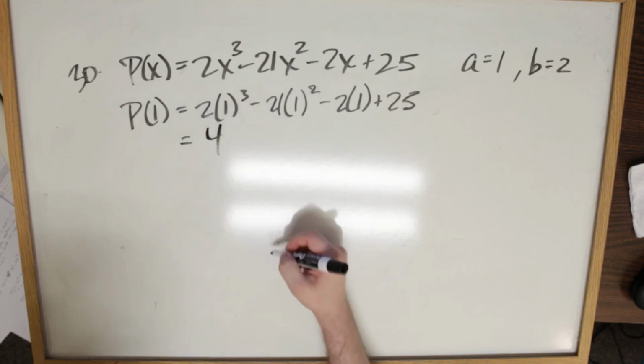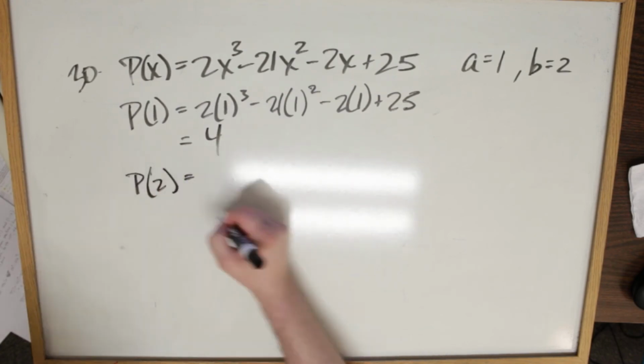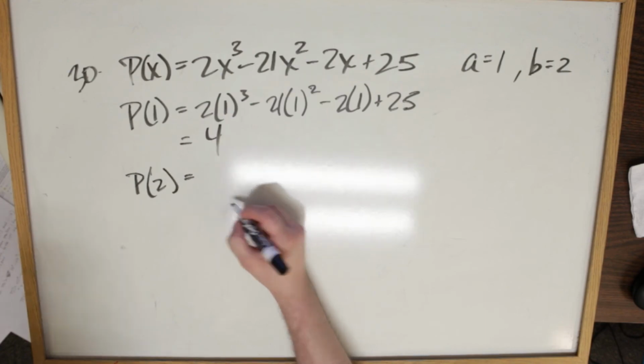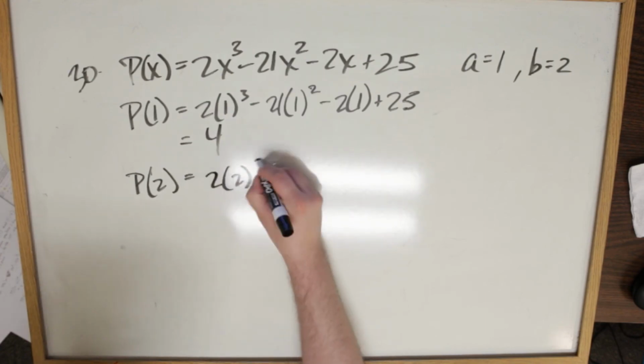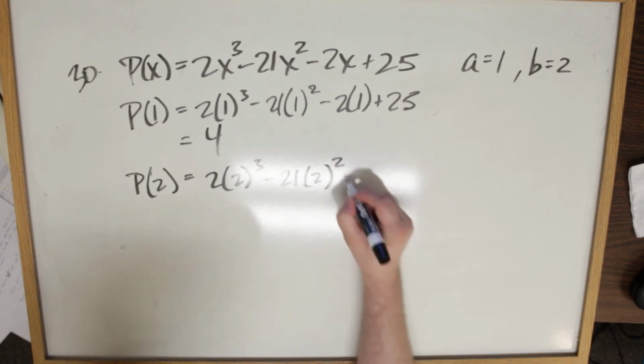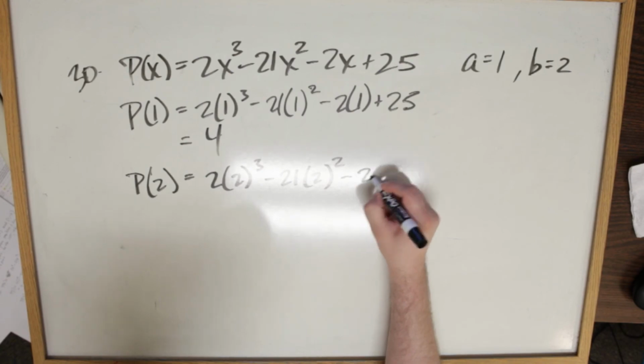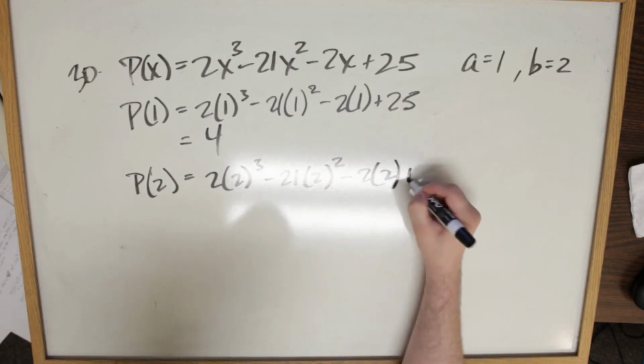P of 2 is equal to 2 times 2 cubed minus 21 times 2 squared minus 2 times 2 plus 25.